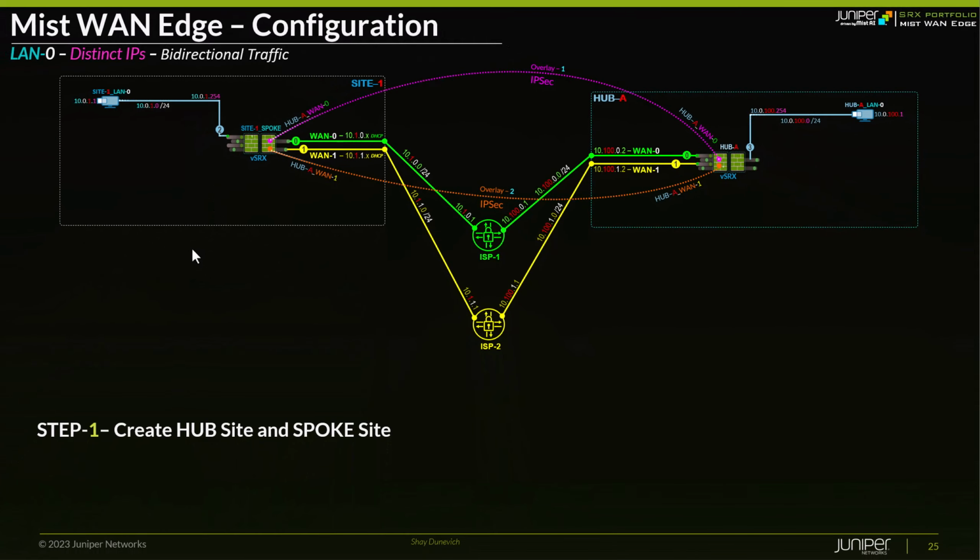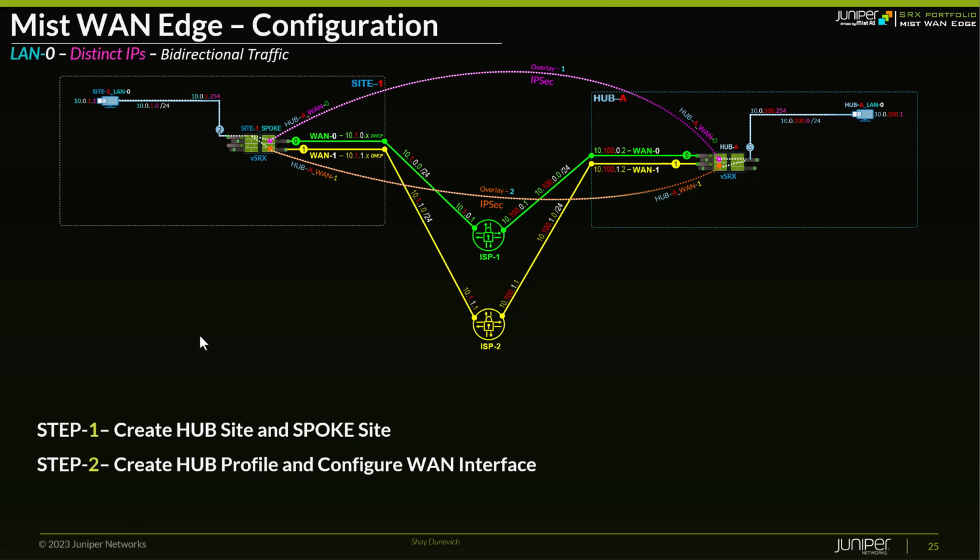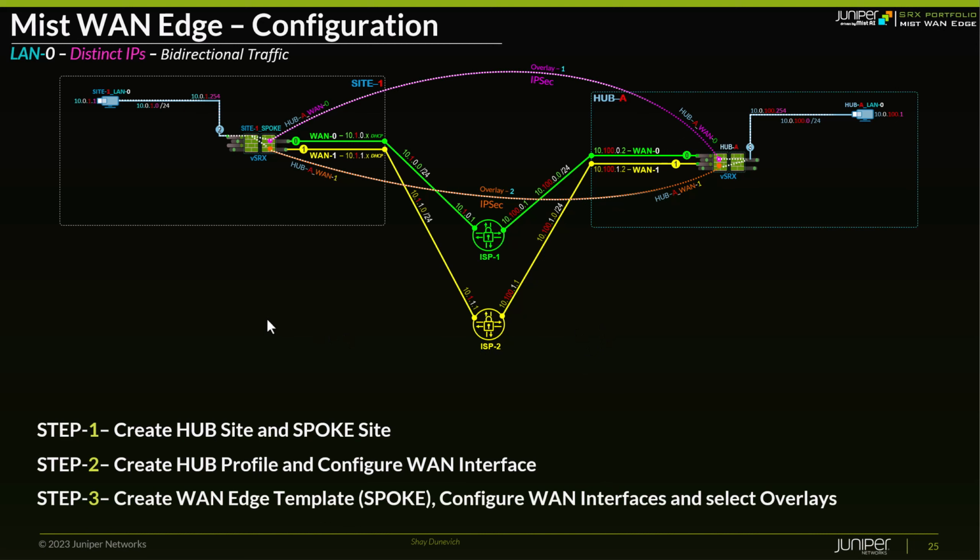And so step 1 is going to be creating a hub site and a spoke site through the Mist UI management console. And step 2, we're going to create what we refer to as a hub profile, which specifies some parameters on the WAN links and the other LAN segments, etc. And step 3, we're also going to need to create a WAN Edge template.